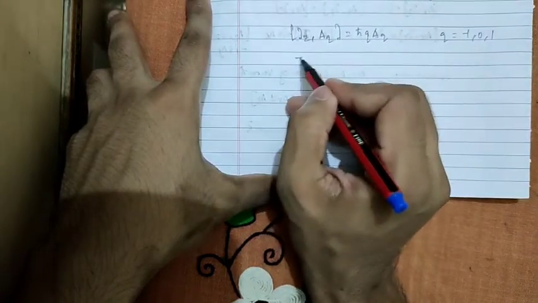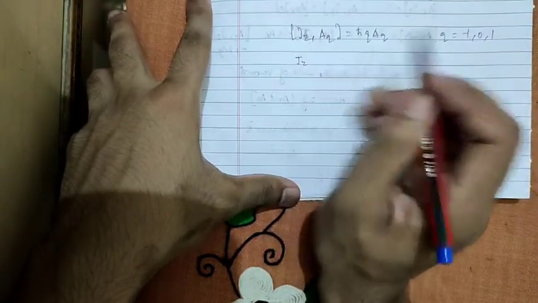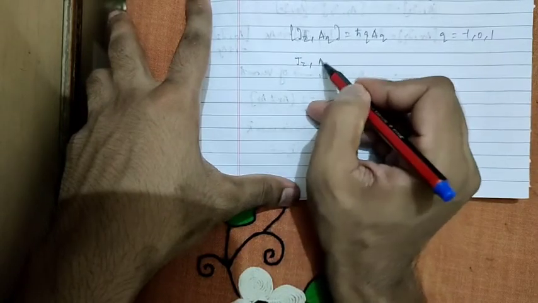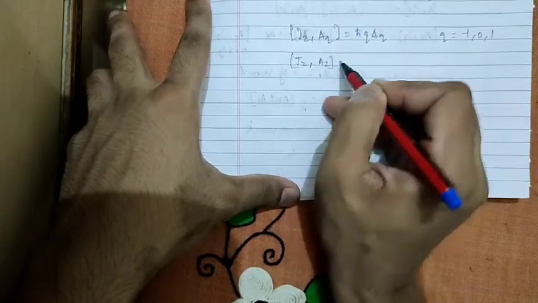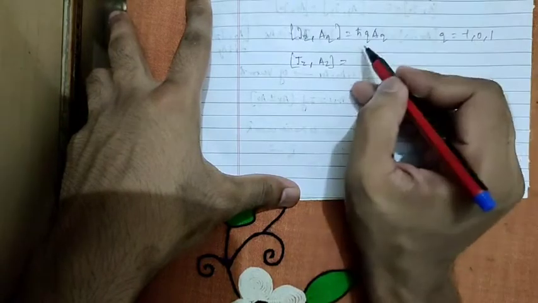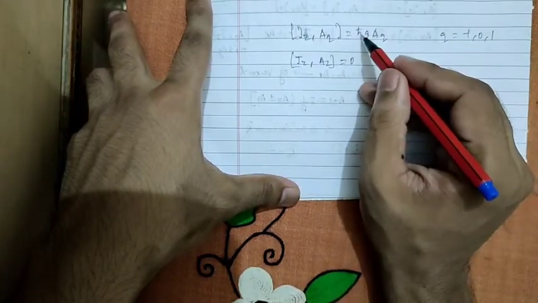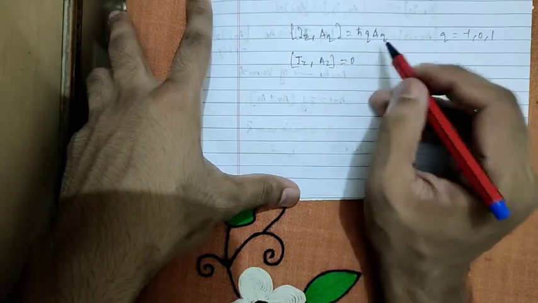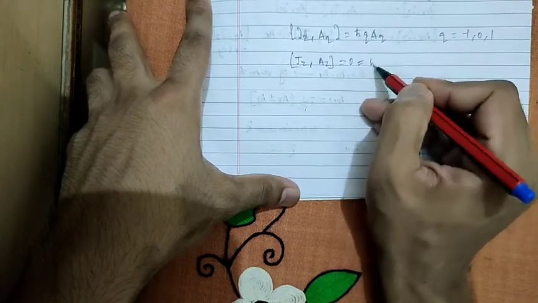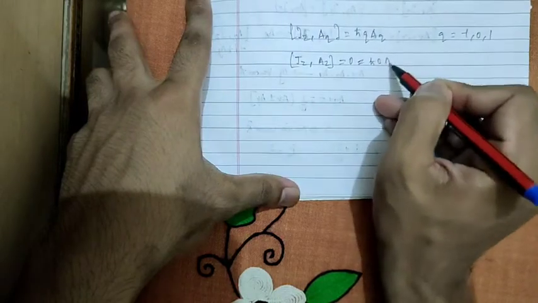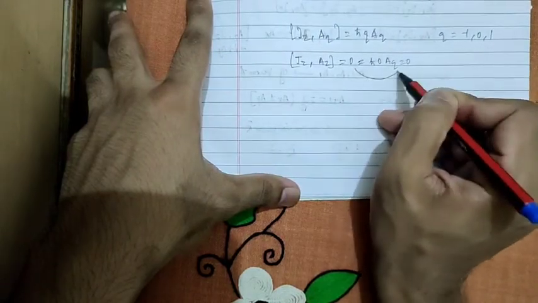To see this, let's say q is equal to 0. So A0 is Az, and Jz and Az commute with each other, which gives us commutation relation 0. Seeing how this formula works, with q equal to 0 the right side is h cut times 0 times Aq, which is equal to 0.